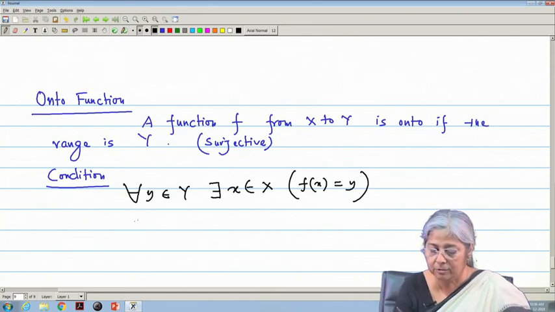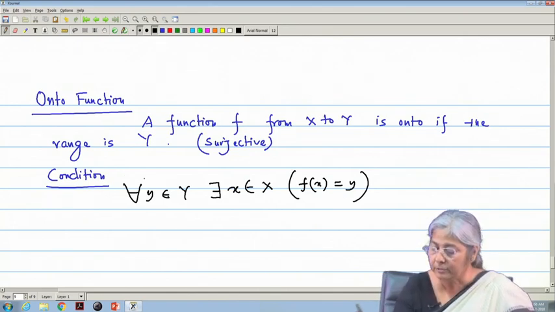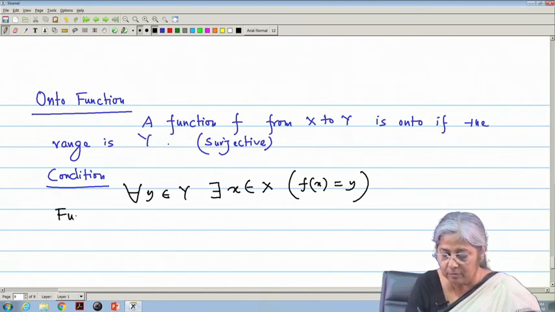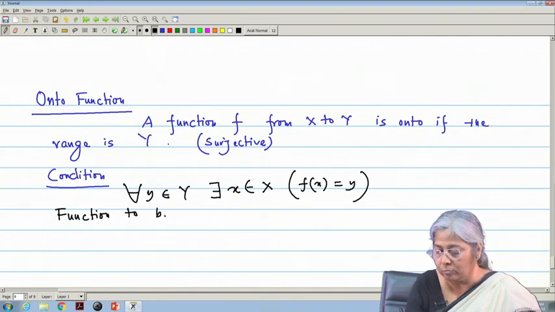And this is the condition that the function must satisfy to be onto.